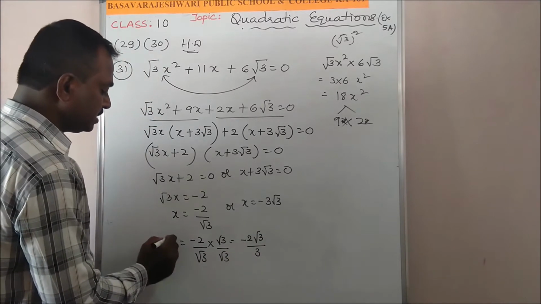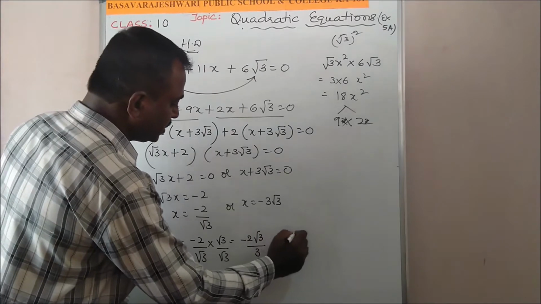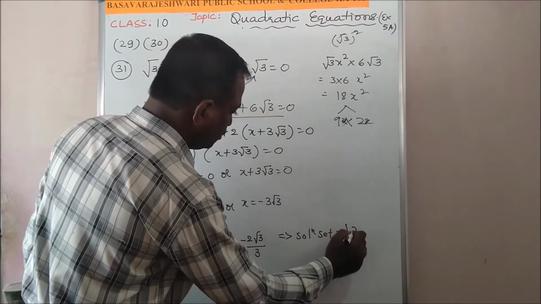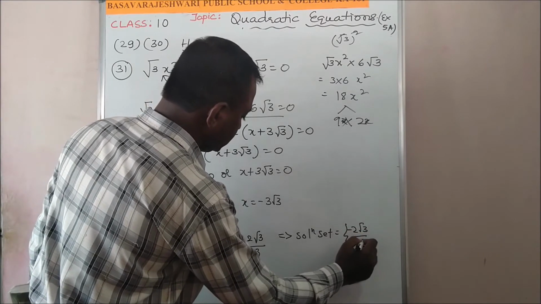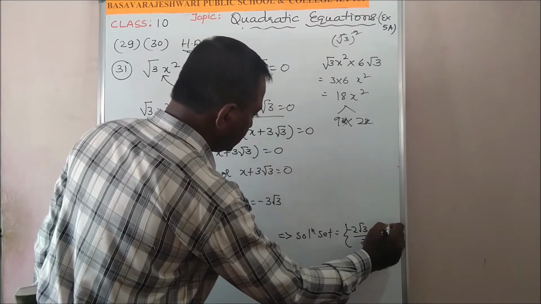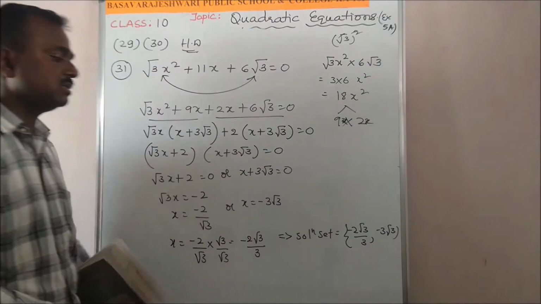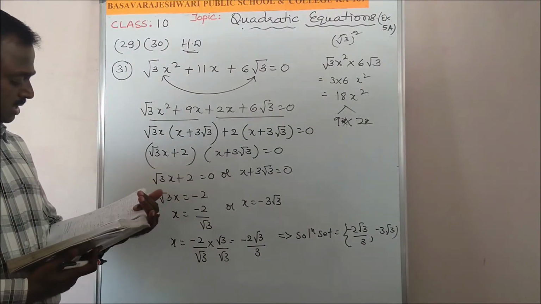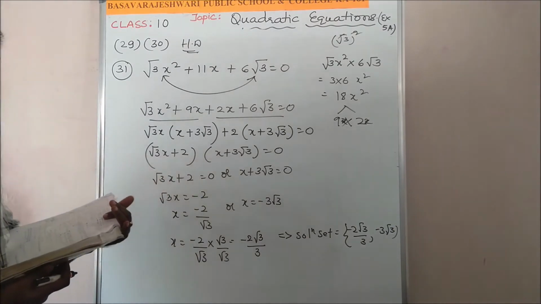So therefore this implies the solution set is minus 2 root 3 by 3 comma minus 3 root 3. So this is the solution set for that question. So note down that.